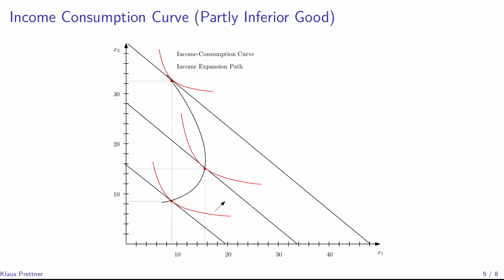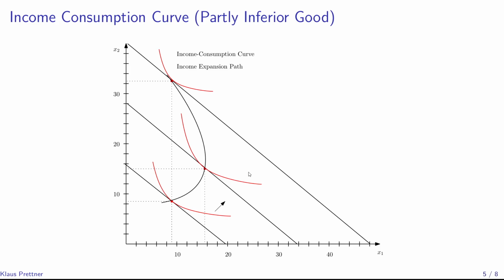But if we increase income further, we would end up at a consumption level that is lower than this consumption level here for good x1. That means x1 is a normal good up to the income range at which the income consumption curve bends backwards, and from that point onwards, the good is an inferior good.